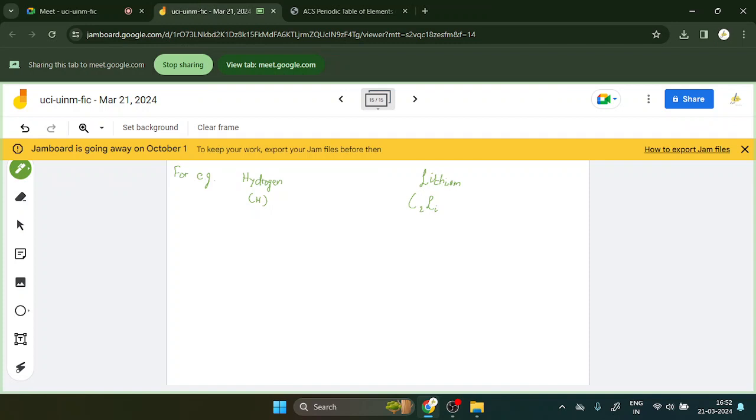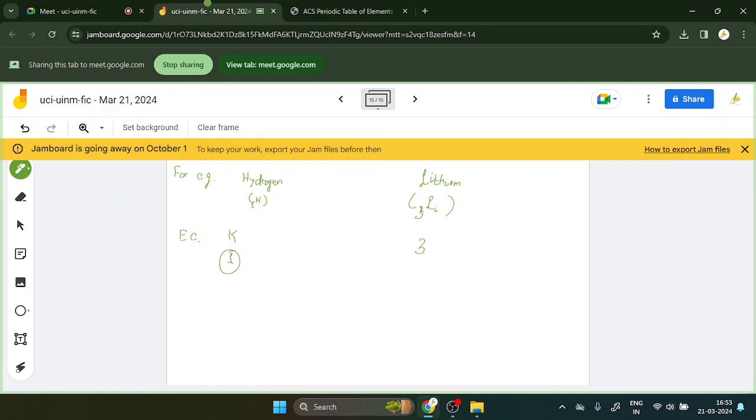Atomic number 1 is hydrogen, atomic number 2 is helium, and atomic number 3 is lithium.